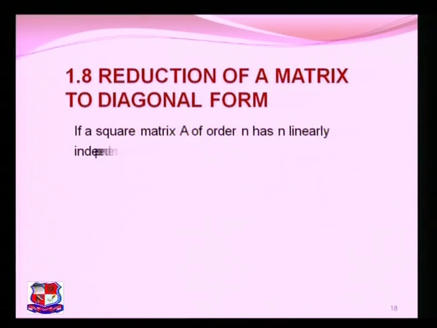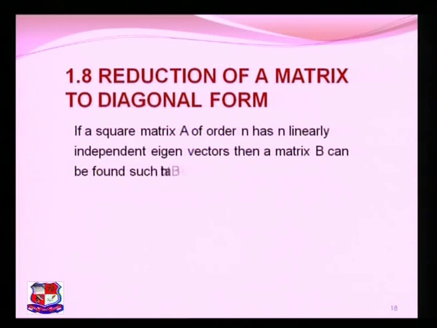Now, reduction of any matrix to diagonal form. If a square matrix A of order n has n linearly independent eigenvectors, we know how to find the eigenvectors, right? Then a matrix B can be found such that B inverse AB is a diagonal matrix, right?